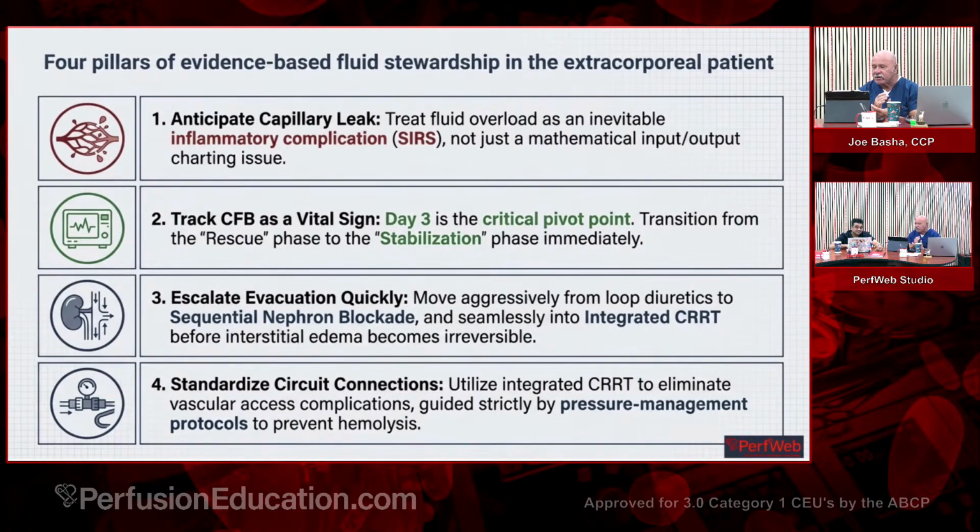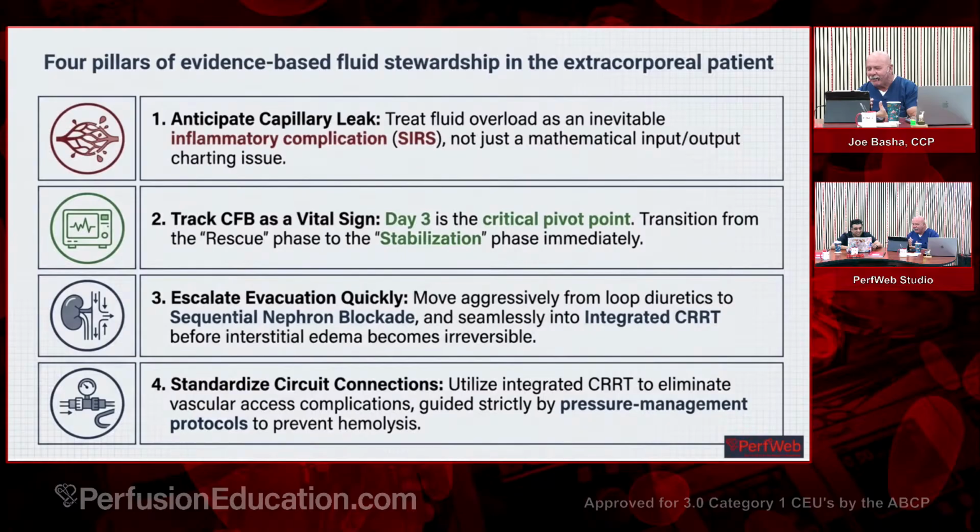So the 4 pillars of evidence-based fluid stewardship in an ECMO patient: anticipate capillary leak syndrome. It's really important. Mitigate SIRS to the best of your ability. Track your CFB, your cumulative fluid balance.